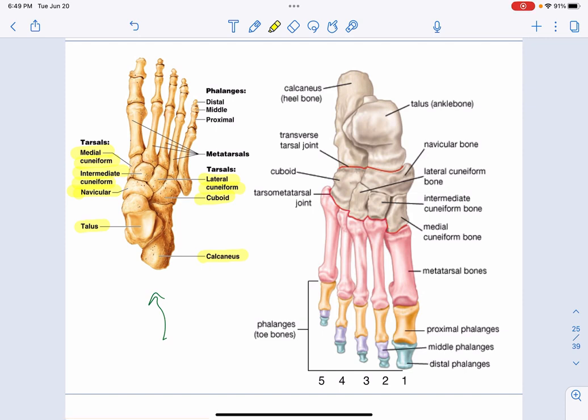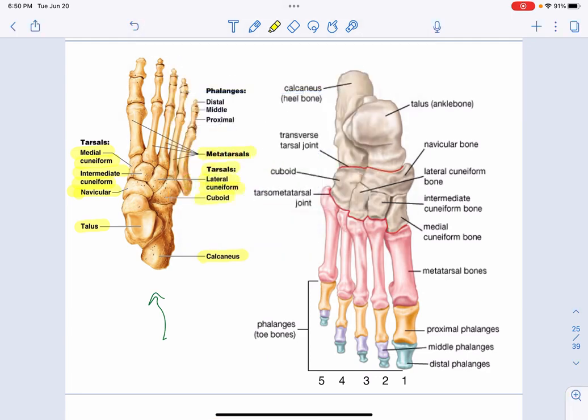And then as we start to move closer to the digits, instead of the carpals, we have tarsals. So that's what makes up the ankle. And then we have the metatarsals. So again, instead of carpals and metacarpals, for the foot, we have tarsals and metatarsals.